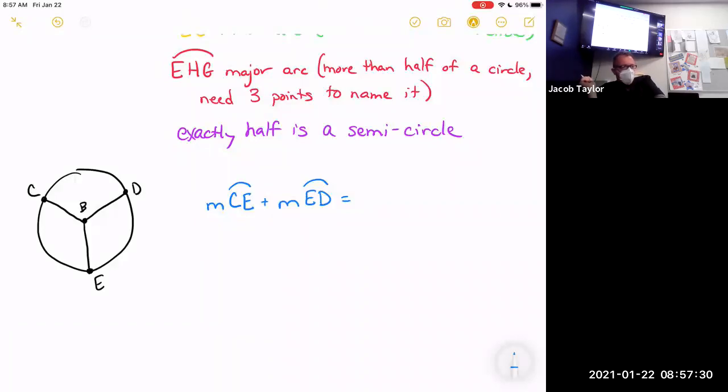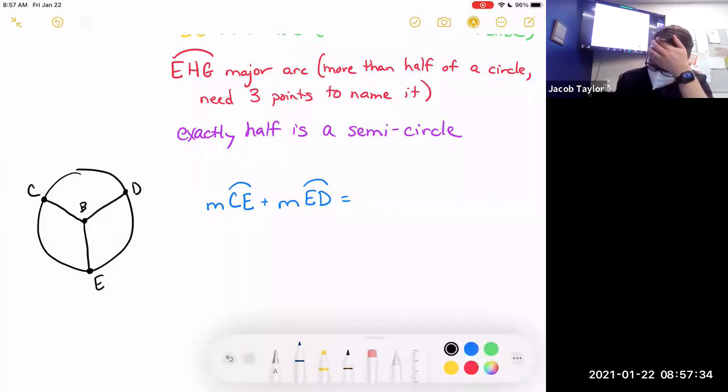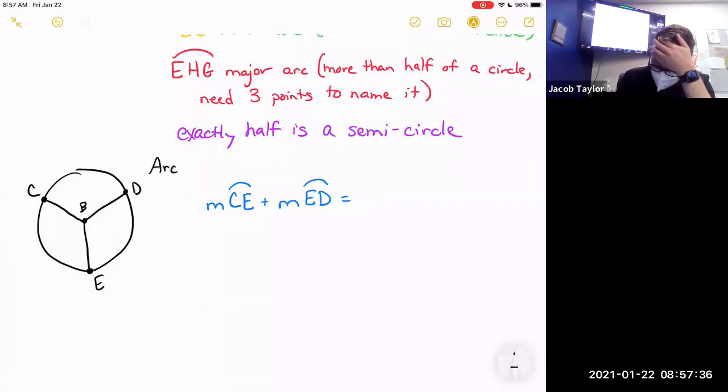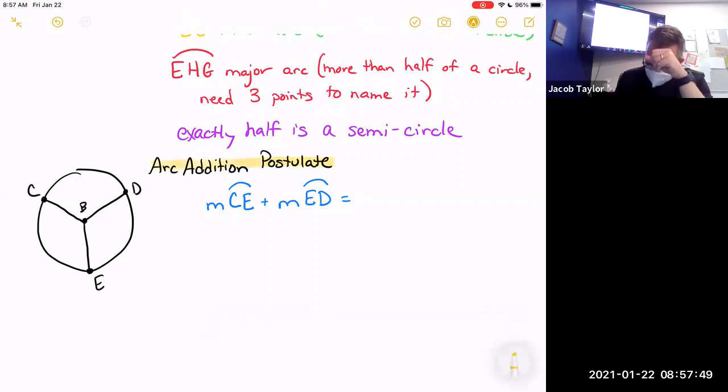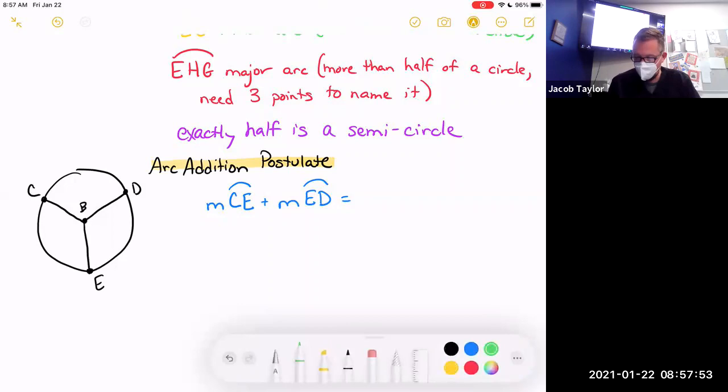So we are going to use what is called the arc addition postulate. The arc addition postulate is going to blow your mind. Is it where there are arcs? Is there a postulate involved? All true.